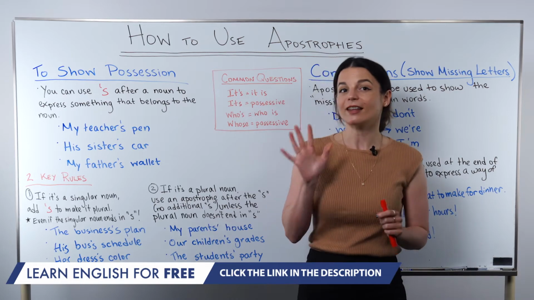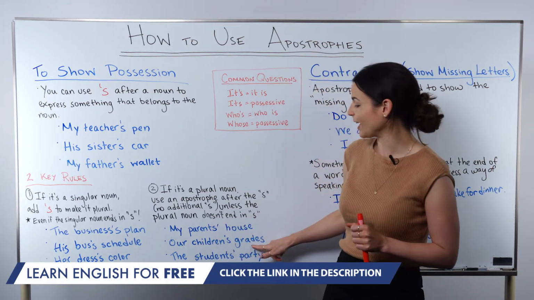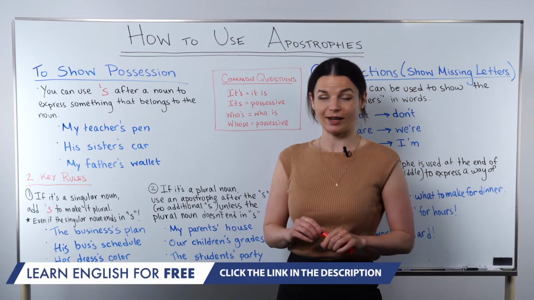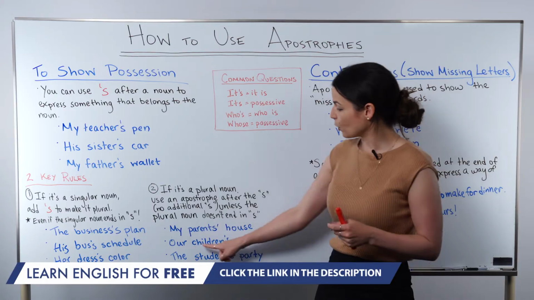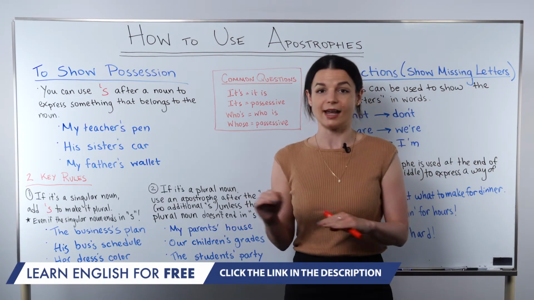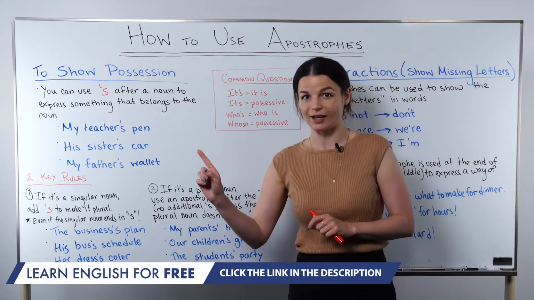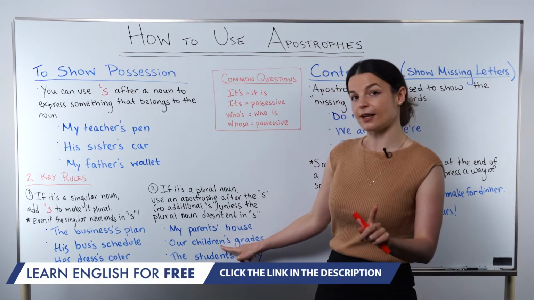Okay, let's look at the next example. The next example are children's grades. Our children's grades. So this is an example of the exception here. So children is an example of a plural noun that does not end in s, right? We have one child, two children, right? So this is a plural noun that does not end in s.